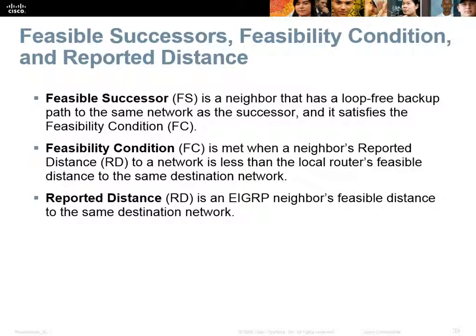So it's feasible for me to send the traffic over here if it's less to go from her out, right? So the condition has been met. So then I would send it to her instead of directly to Jordan. In other words, if I have a T1 line here and she has a T1 into Jordan, but I only have 56K dial-up, is the feasible condition met that I want to send traffic to Casey to send to Jordan?